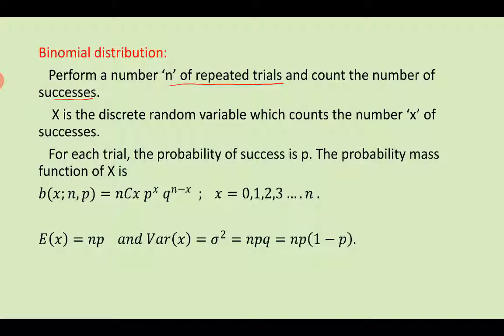First take one card and notice what the card is, and then replace it inside. Collect another one. In this way, you collect 10 times, and your success, your random variable, is getting a red card. Only two types of cards are there, isn't it? 26 are red and 26 are black.